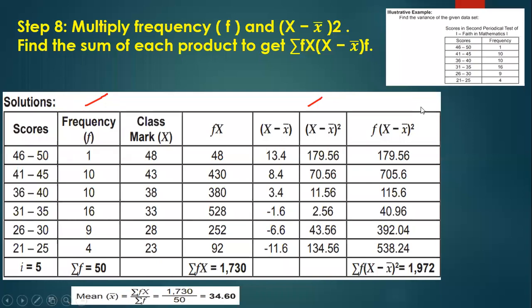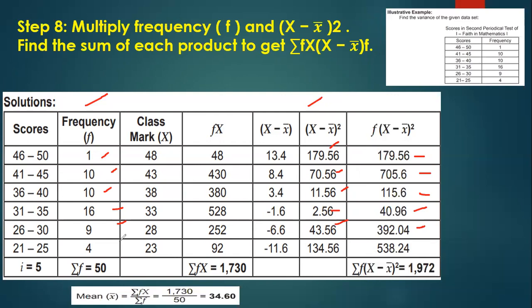So 1 times 179.56, the answer is 179.56. 10 times 70.56, the answer is 705.6. 10 times 11.56, the answer is 115.6. 16 times 2.56, the answer is 40.96. 9 times 43.56, the answer is 392.04.